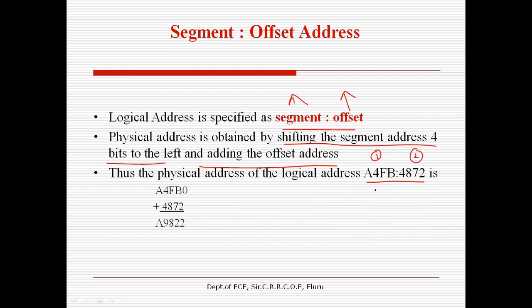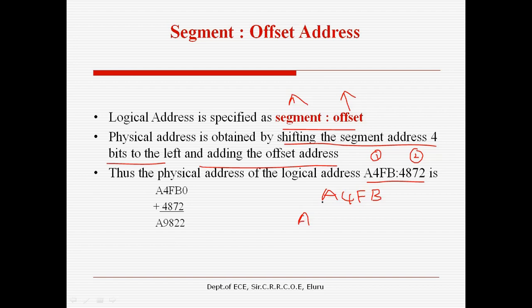Now what do we have to do for generation of the 20-bit physical address? The 16-bit segment address is A4FB.